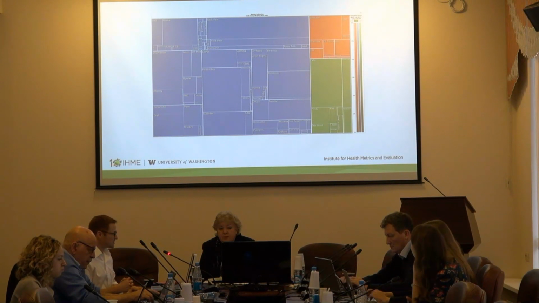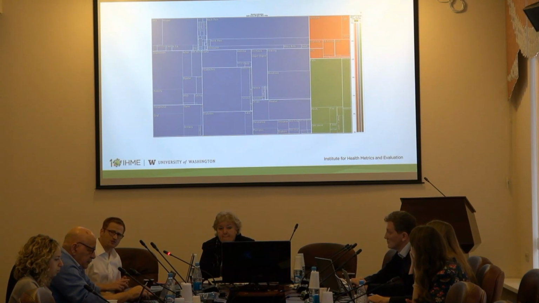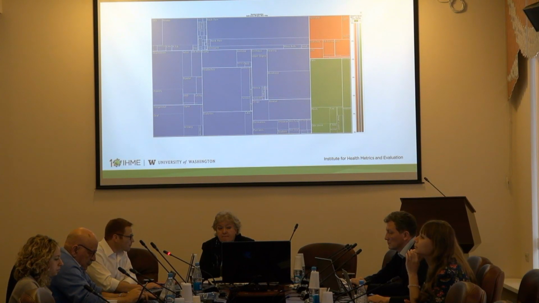In non-communicable diseases, we're now seeing back pain is a substantial cause of disability. Depression, headaches, diabetes, hearing loss, and blindness are also quite substantial. On the injuries front, falls are the largest component, and in group 1, neonatal outcomes are the largest.